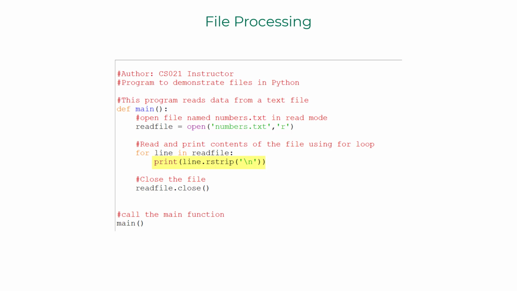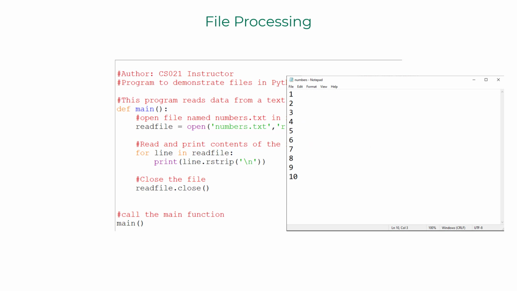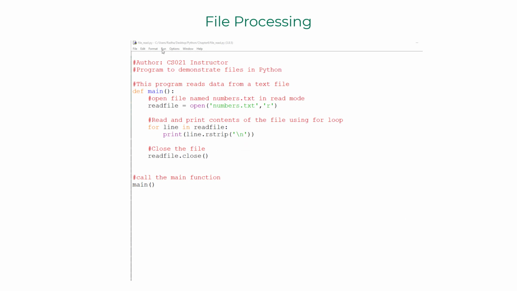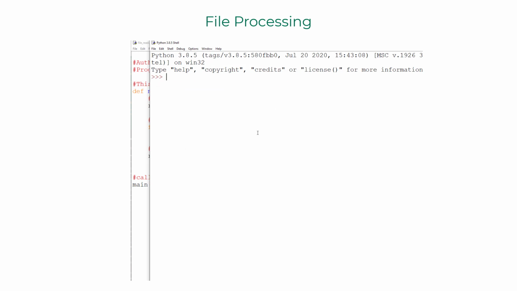In the next iteration, it will be the next line, and so on and so forth. The for loop will stop executing when all the lines are read from the file. Let's say I update the numbers file with 5 more numbers and read the contents using a for loop. It would successfully display all the lines.